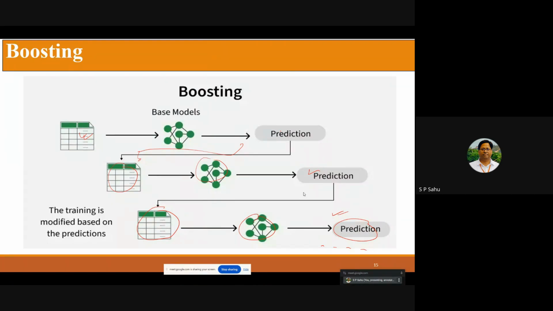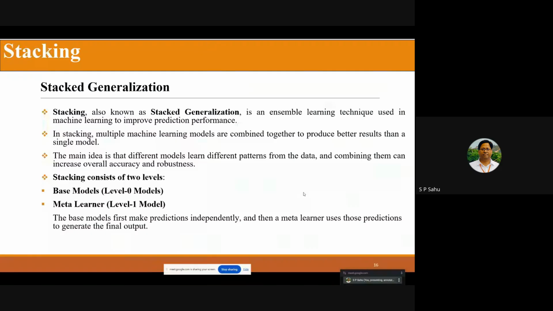Okay. So this is the boosting method, and in stack generalization, we have already seen that it improves prediction performance. Here, multiple machine learning models are stacked and combined together, much like the bootstrap aggregating, or bagging, method.